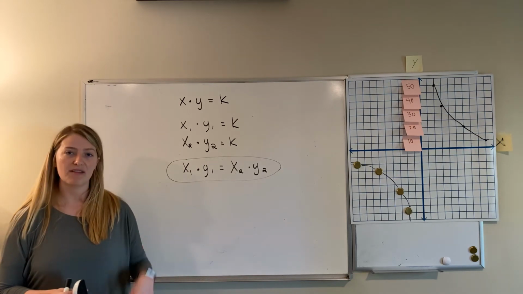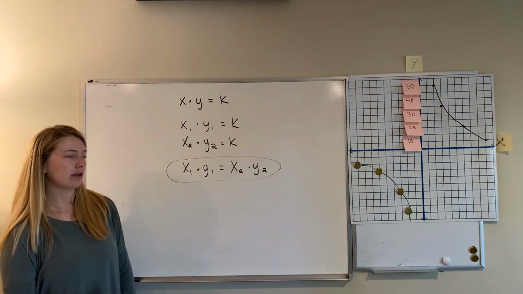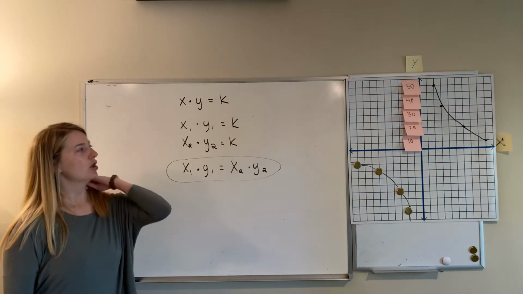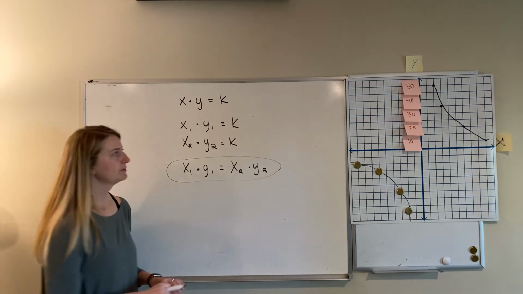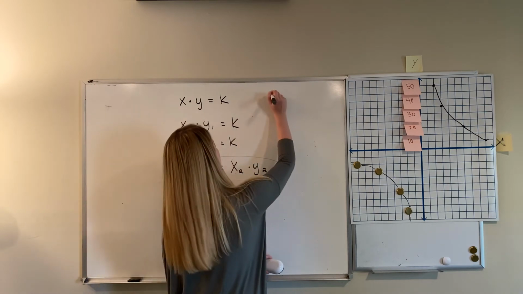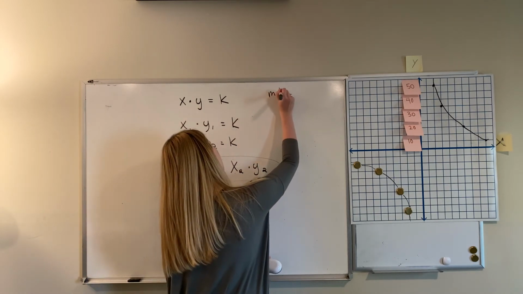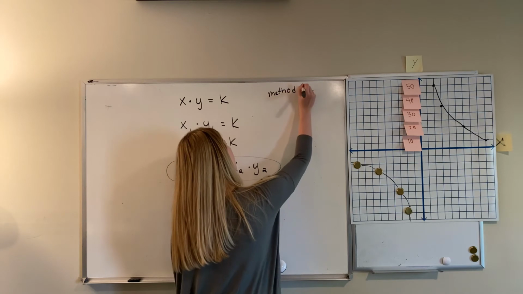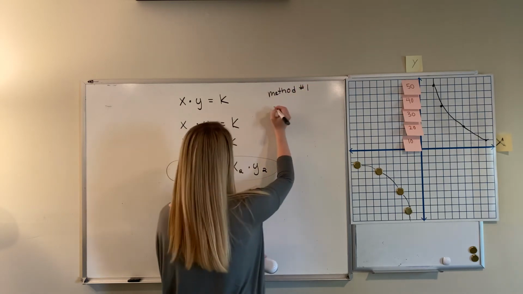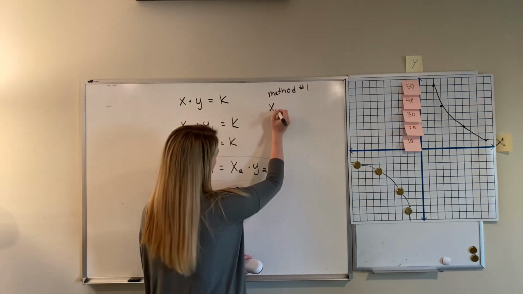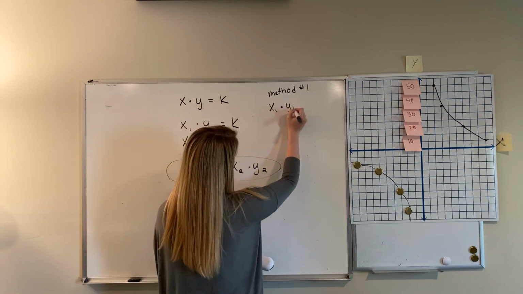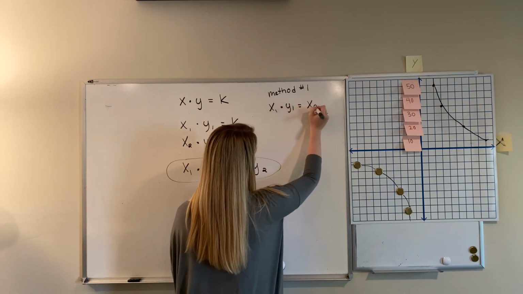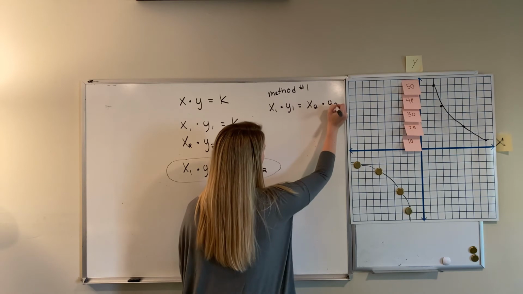But we can then derive this further and say, okay, what if I wanted to do a proportion rather than solving it algebraically? So we'll just say this is method 1. Is just to memorize x1 times y1 is equal to x2 times y2.